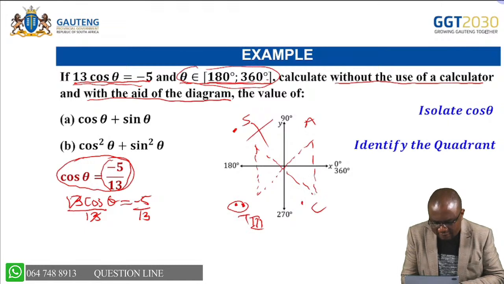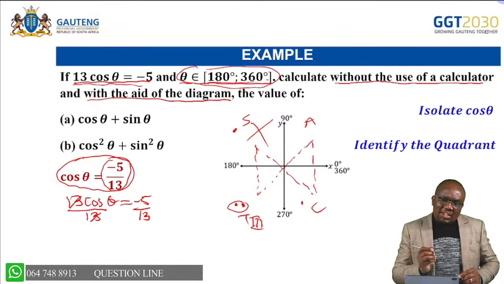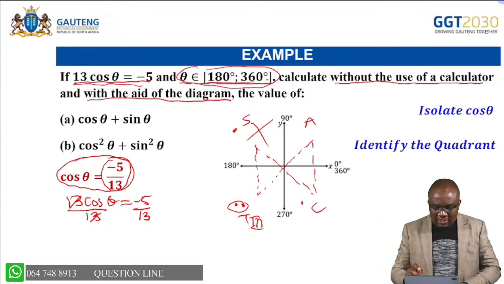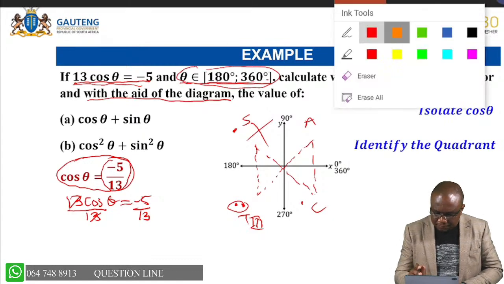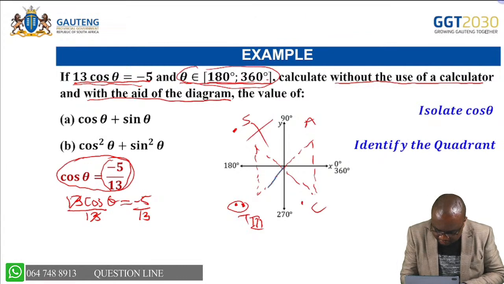Just do that. Follow these steps. And then your ray is going to follow one of the lines there. It's in the third quadrant. So the ray is going to follow the third quadrant line, which is this one. That's your terminal ray. You see that?